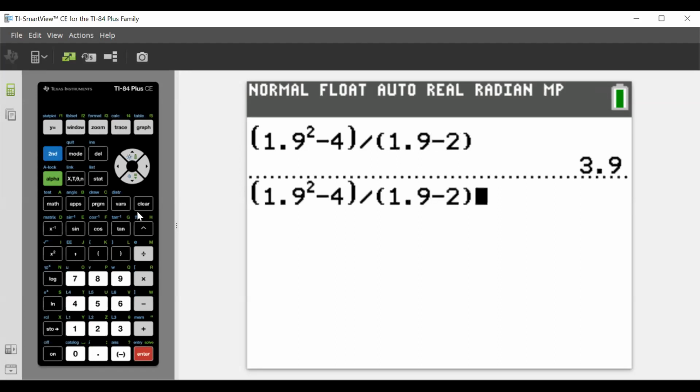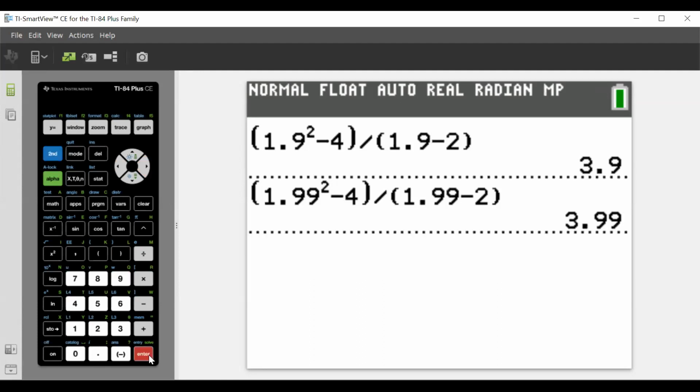Now I'll go second enter, and now I'm going to go back here and insert another 9. Then I'll come over here and insert another 9. And then I enter, so I'll get 3.99. And if we keep doing this, it's going to go 3.999, 3.9999, but we'll show how that actually works. We'll keep going here. So let's go ahead and put our 9 here first.